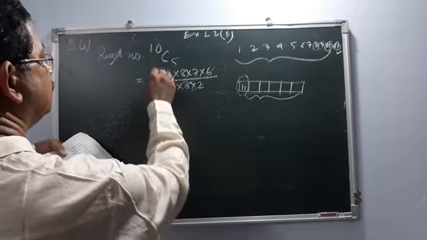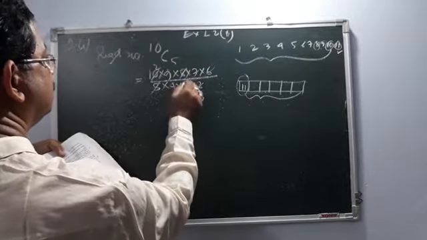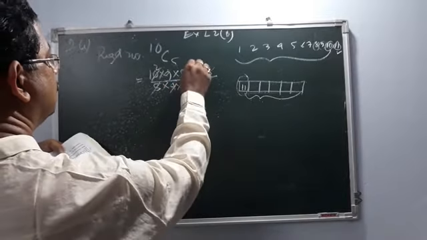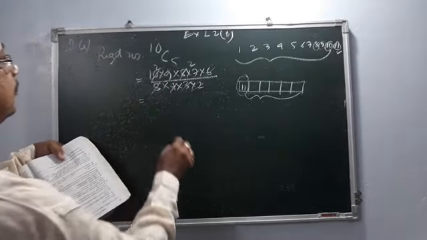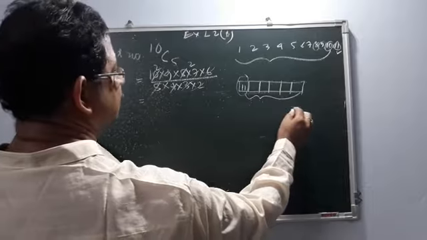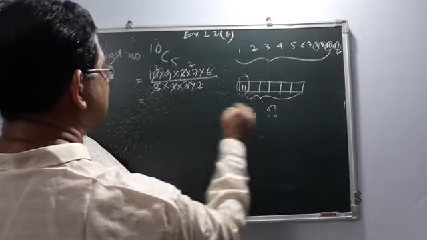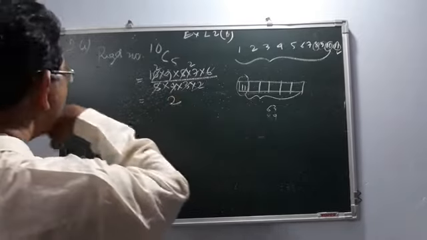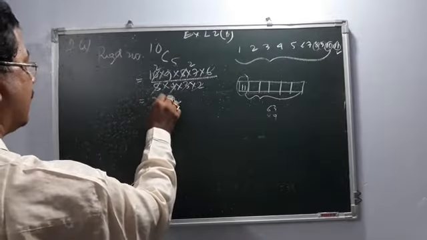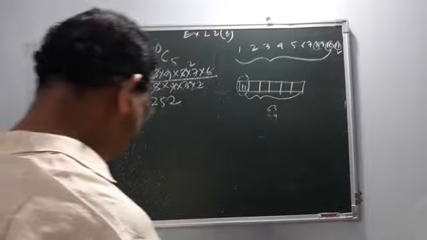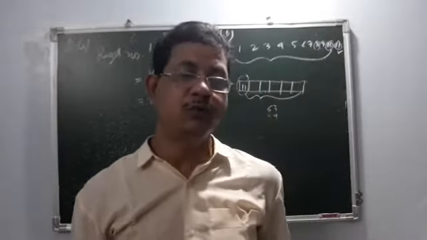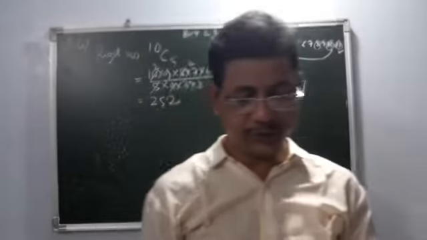So we get 252 ways he can do it if question number 11 is compulsory.